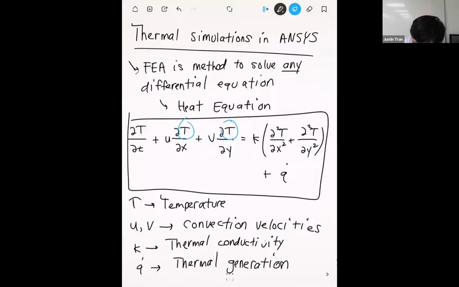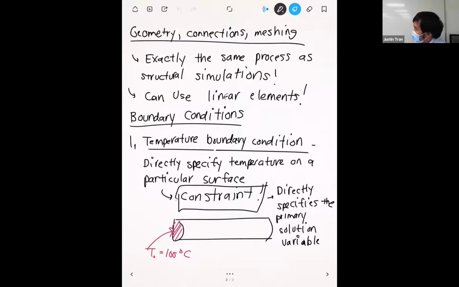The first thing that Ansys solves for in a thermal simulation is the temperature at all locations in our mesh. So a boundary condition that directly specifies this variable at a particular surface has to be categorized as a constraint. When you directly specify the temperature, that's the same thing as applying some kind of fixed support.